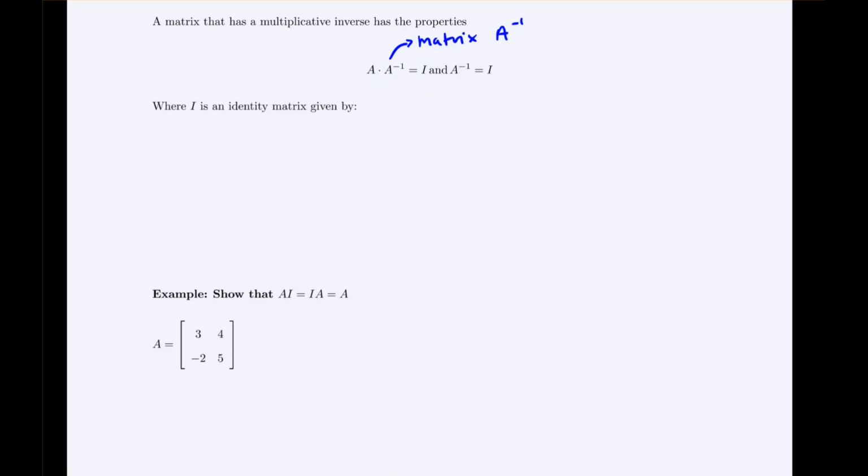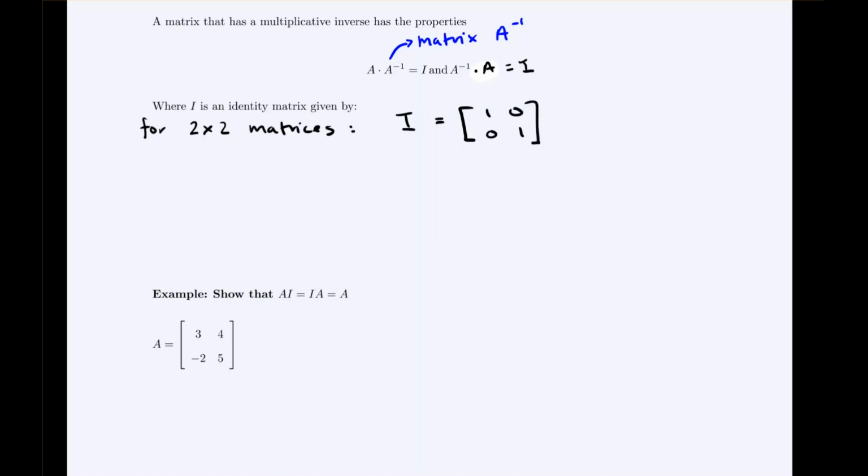And similarly, we know order of multiplication can matter in terms of matrices, so this was A times A inverse. The result holds if we take A inverse times A, we should still get back the identity. And the identity matrix depends on the size of the matrix. For 2 by 2 matrices, the identity matrix is 1, 0, 0, 1.